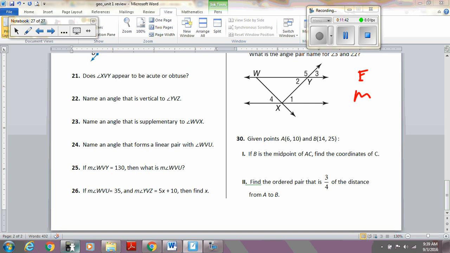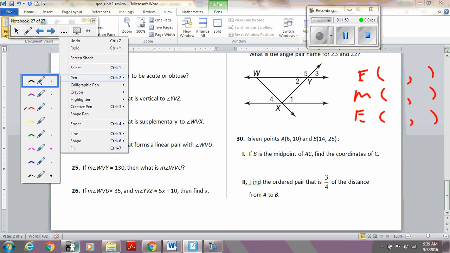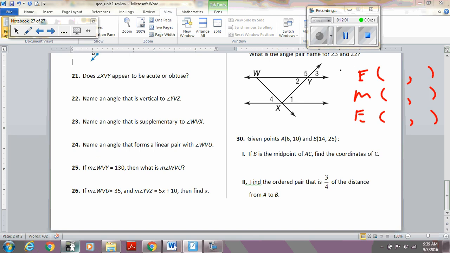Endpoint, midpoint, endpoint. A is the endpoint, C is an endpoint, and again, B is the midpoint.